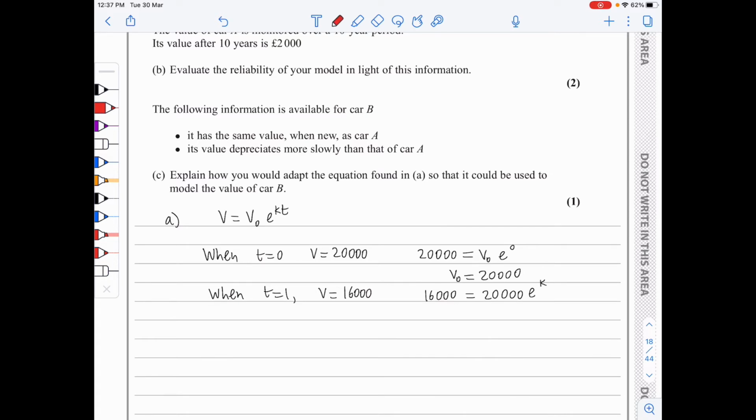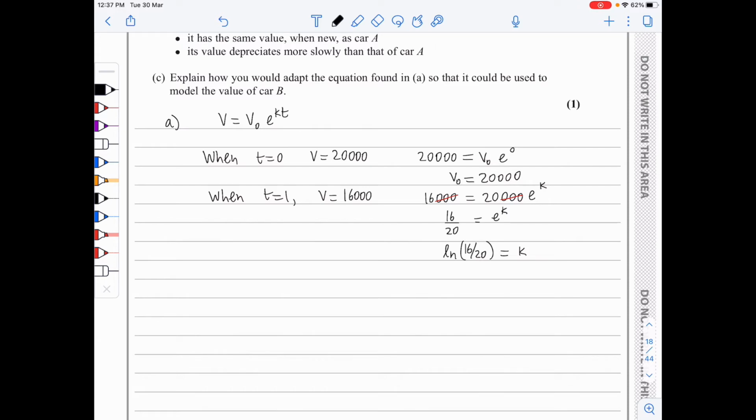Then I can simplify the 3 zeros on either side, and I get 16 over 20 is e to the k. So ln of 16 over 20 is k. So we can just say that v is 20,000 e to the ln of 16 over 20 times t. That will be the model for car A.